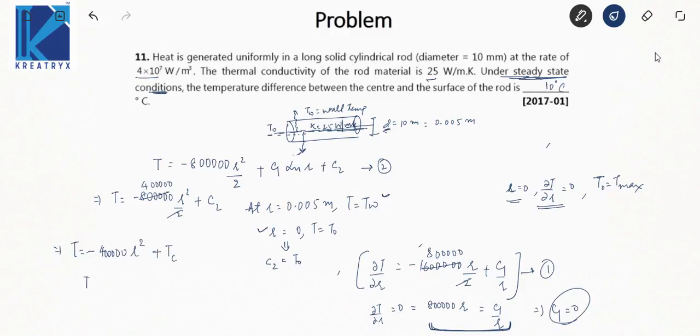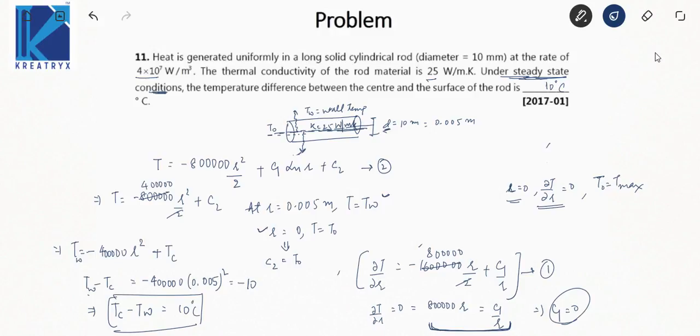So T wall minus TC is equal to minus 4 lakh R square. R is 0.005 square, which comes out to be minus 10, and we have been asked the temperature difference between the center and the surface of the rod. We have got here the temperature difference between the surface of the rod and center, so that implies TC minus T wall is 10 degrees Celsius.